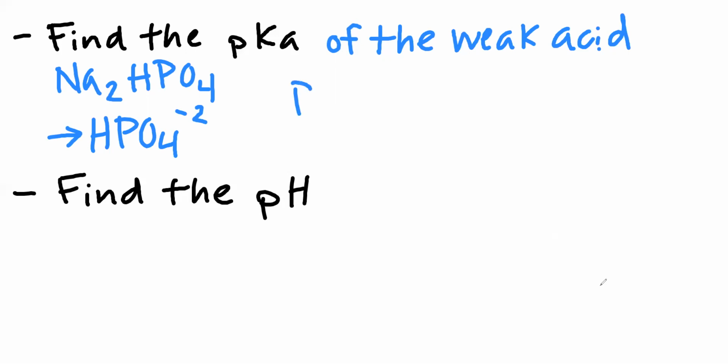So this is the weak acid of our solution, and that's what we need to find the information about. And so I have a table with its Ka value, and that Ka is 4.2 times 10 to the negative 13.